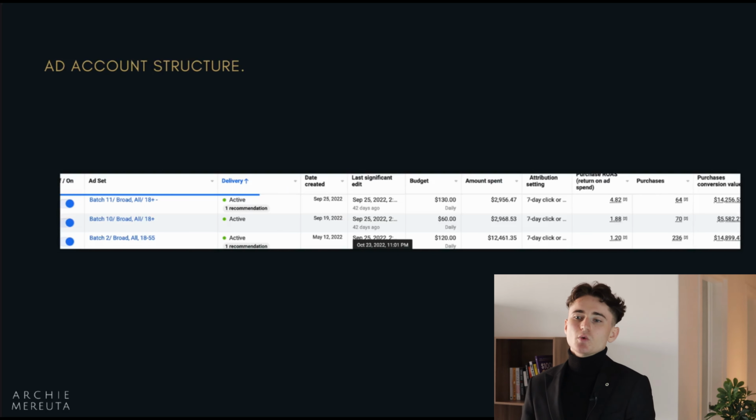So essentially, we use again only broad audiences. Now, from time to time, depending on the ad account, we might use interest-based targeting. But like I said, most of the time we use broad audiences. There are lots of benefits to using these broad audiences. But essentially, we just want to have more time on coming up with better creatives that we could test on a weekly basis.